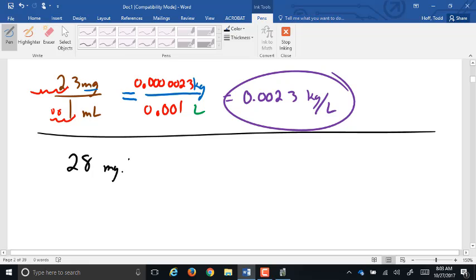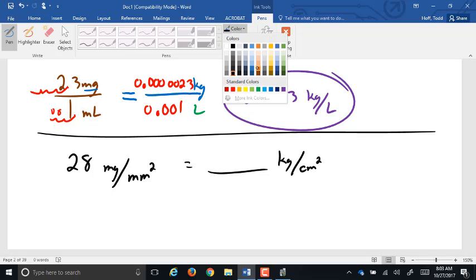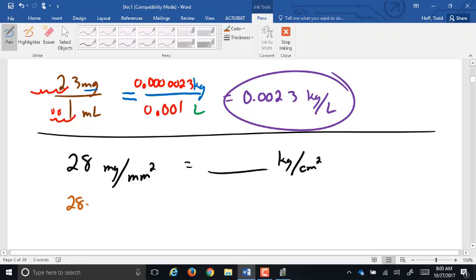We might have 28 milligrams per square millimeter. We want to convert that into kilograms per square centimeter. So 28 milligrams over 1 square millimeter.